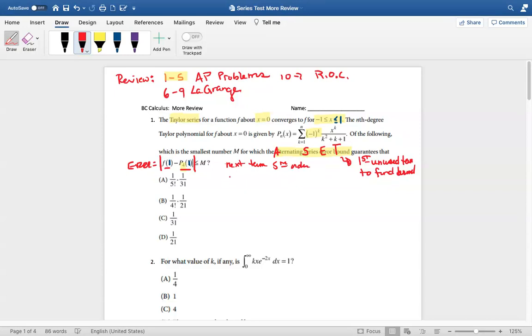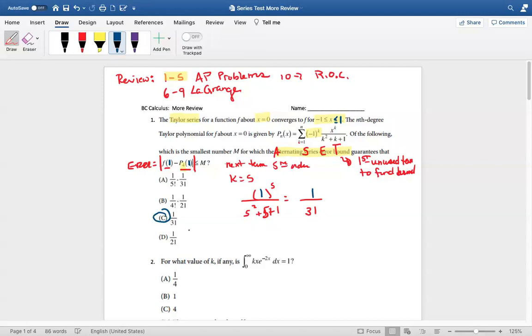So go to the k's, since they're using k's for some reason, and replace all k's with 5. I'm not going to use the alternator because it's absolute value. So k x to the k over k squared plus k plus 1. My denominator is 31. So hopefully now you already see your answer. What x are they asking me to plug in? 1.